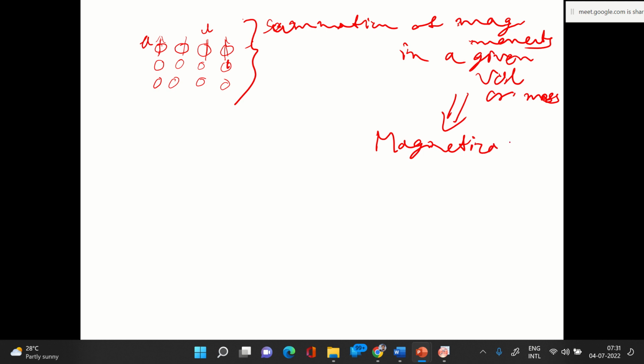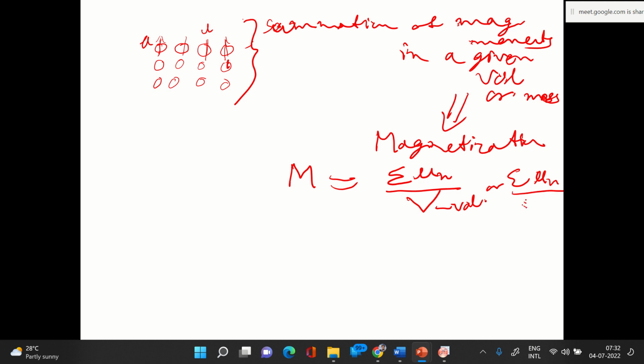Total magnetization is denoted by M, and it is the summation of the individual magnetic moments mu n arising from each of these electrons, n equal to 1, 2, and so on, over a given volume or mass.